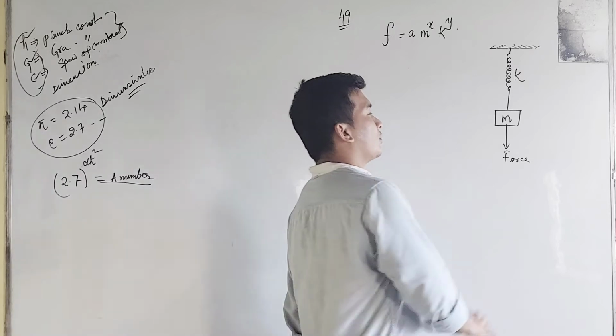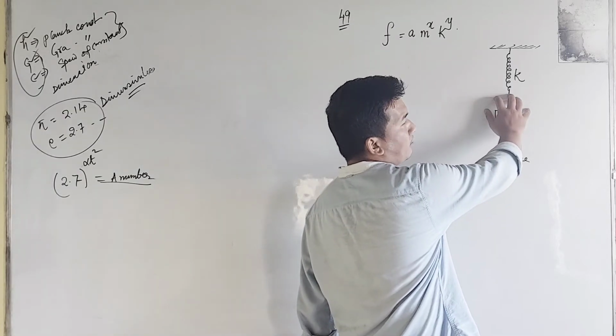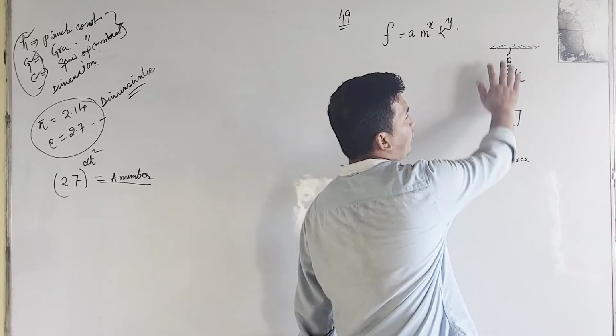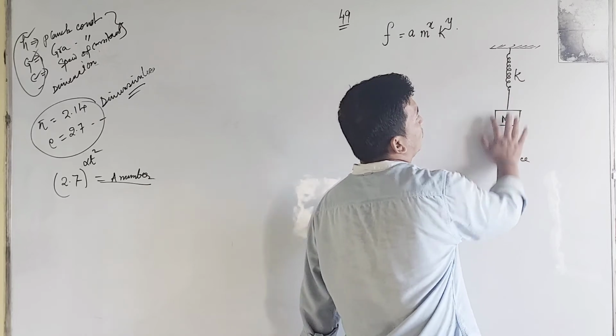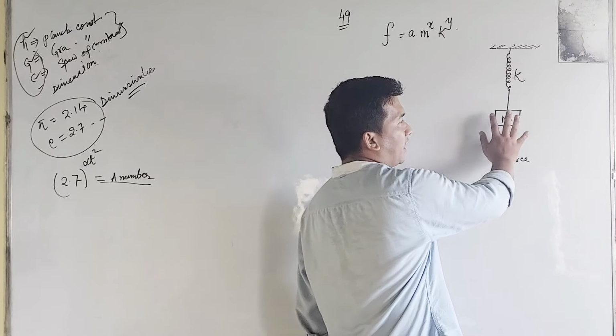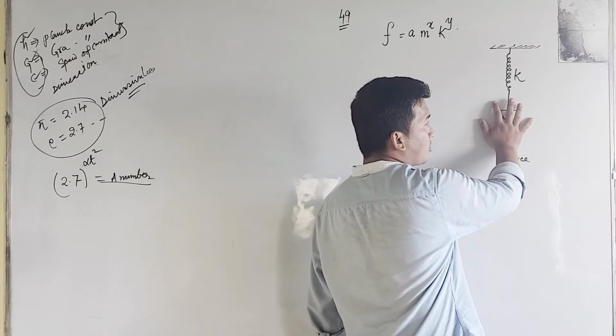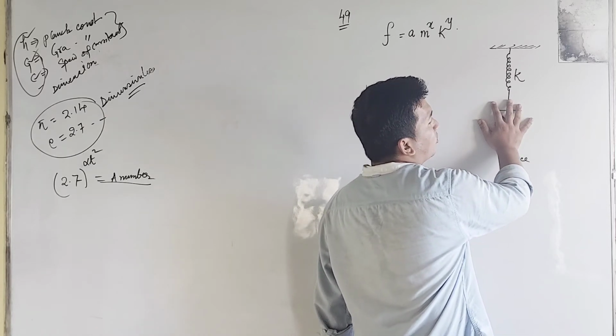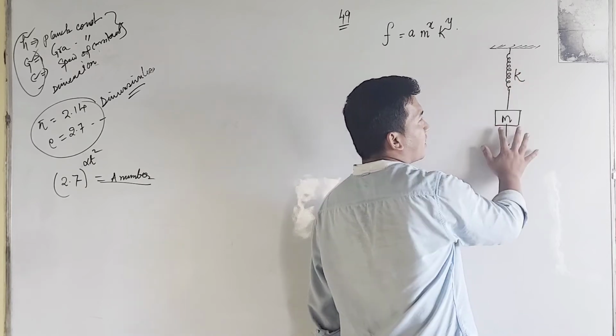Understood? So if we pull this mass down and release it, it will produce to and fro, up and down motion, and this mass m is moving upward and downward in a straight line.